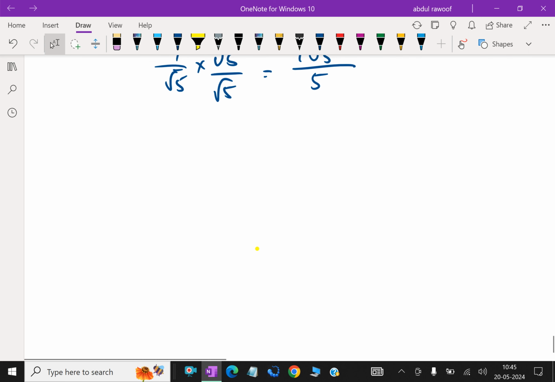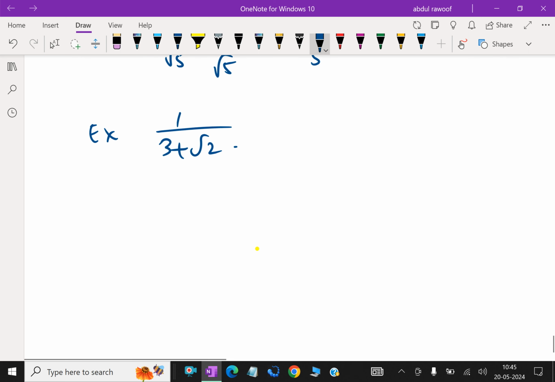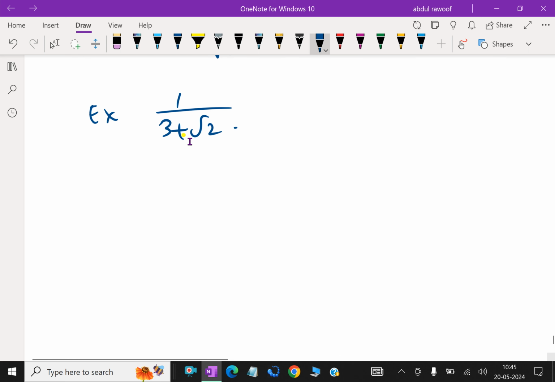Now the same, integer denominator for 1 over 3 plus root 2. Here the denominator is 3 plus root 2, then its conjugate is 3 minus root 2. So we have to multiply numerator and denominator by the conjugate of this, 3 minus root 2 over 3 minus root 2.